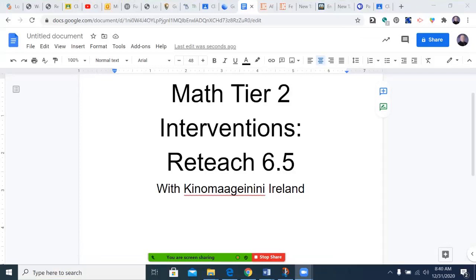Today's episode from Math Tier 2 Interventions, Reteach 6.5. For this lesson, you will need your Reteach 6.3 and the Reteach 6.5.